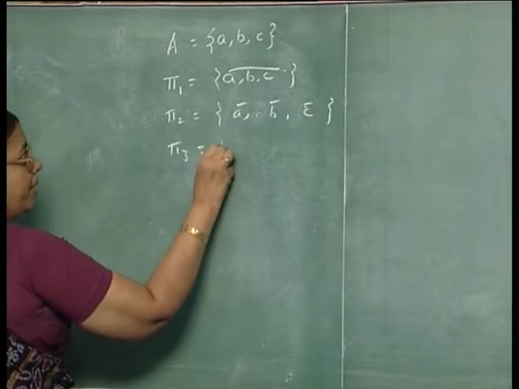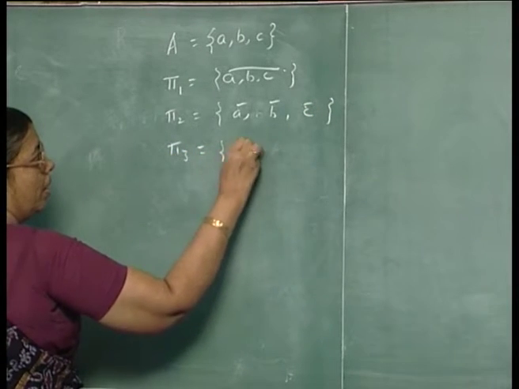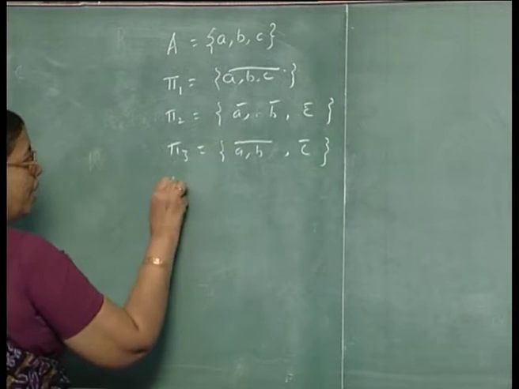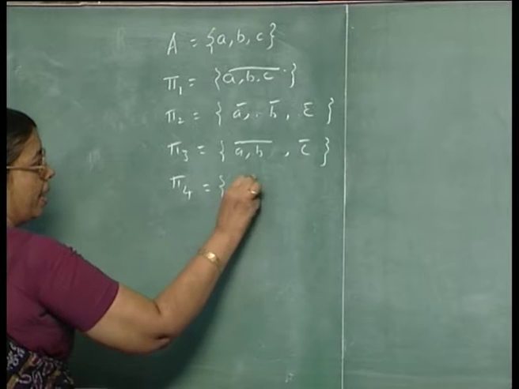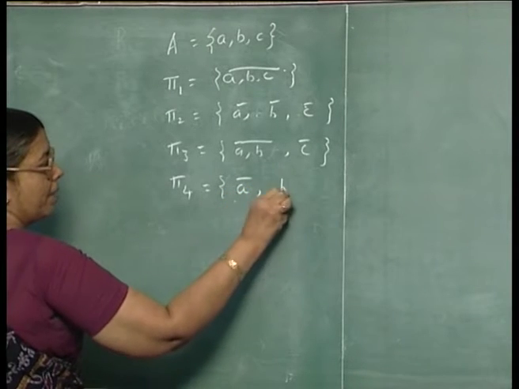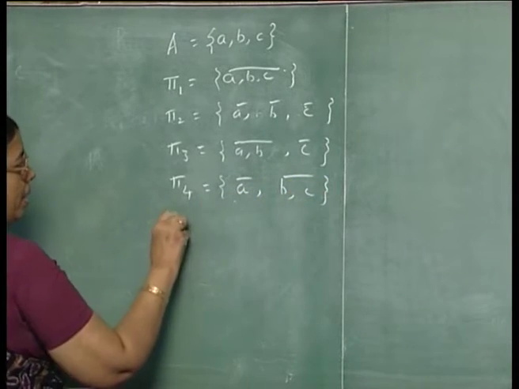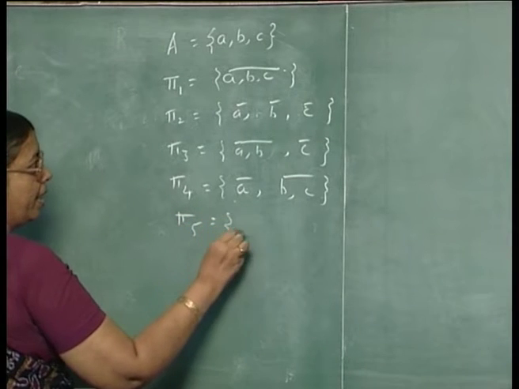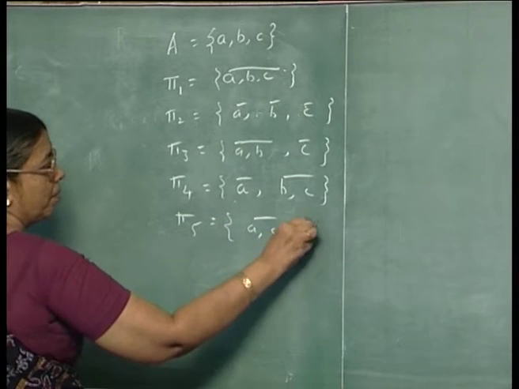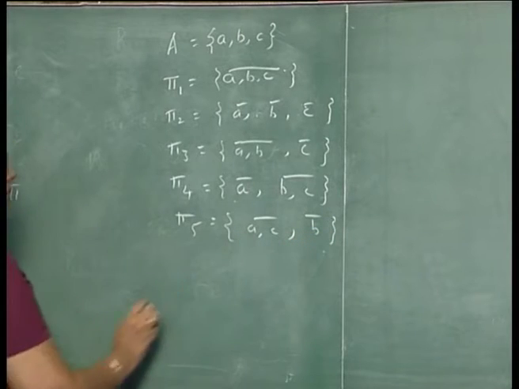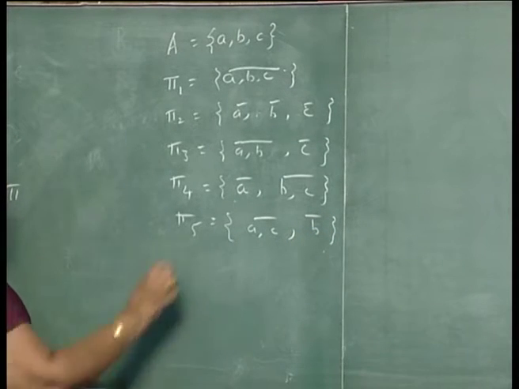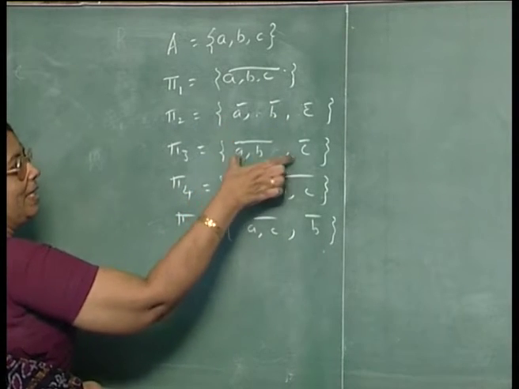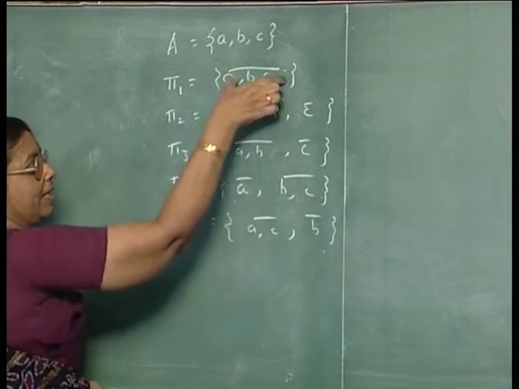Pi 3 will be a partition having A and B in one block and C in a separate block. Pi 4 will be A in one block, B and C in one block. Pi 5 will be A and C in one block, B in one block. Now, which one refines this? See, pi 2 will refine this, this, this and this.